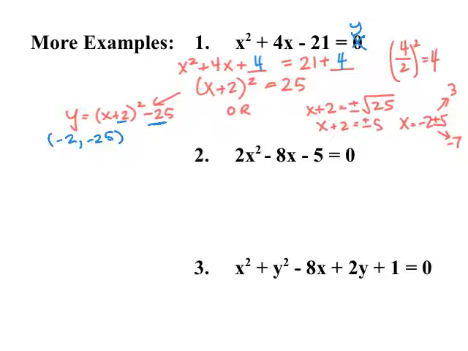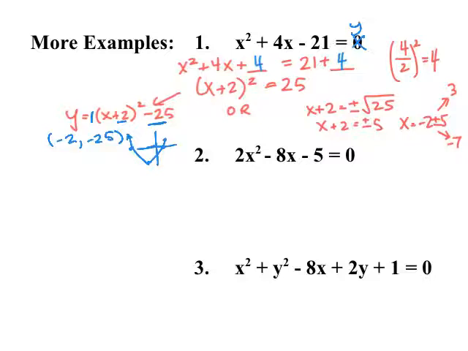We also know that my a term is 1, so it's pretty much a standard parabola, and it's opening up. So if I graph that, it's 2 over and way down, and it's coming up. And then we also now know that we have an intercept at 3 and an intercept at negative 7. So it's actually a pretty steep parabola.